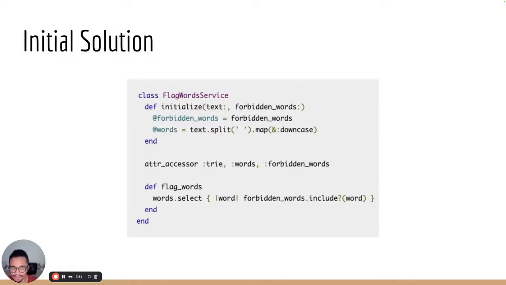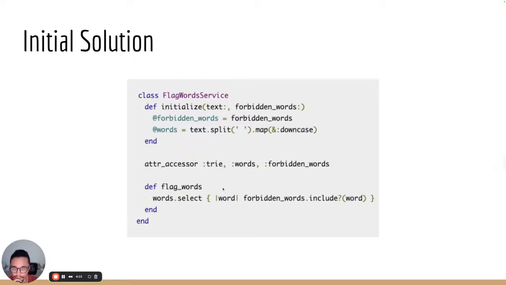Our service is so simple. It only receives the text and the forbidden words I mentioned before, and the text will be handled by splitting the text content using the space and breaking it into words to return an array. Here we're doing a map to downcase to make the comparison easier, to detect whether the word is in our list or not.